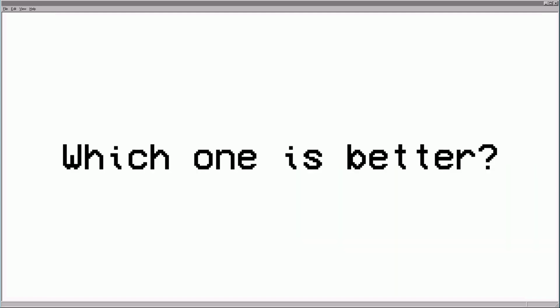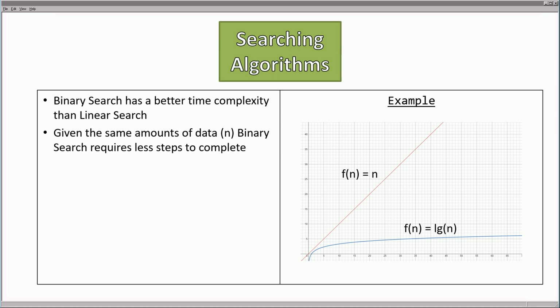Now we have to determine which one was better, which one was more efficient in terms of time. Plotting both of these functions on a graph, this is what they look like. This is linear search. This is binary search.